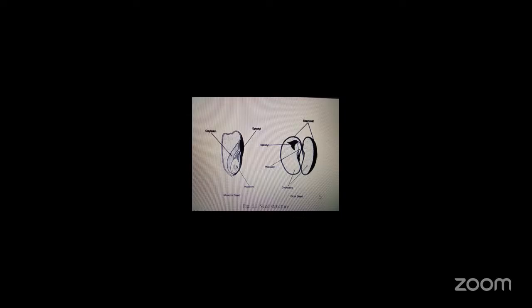In monocots, all are albuminous seeds only, for example wheat, rice, and other cereals. All dicots are ex-albuminous seeds, except castor.